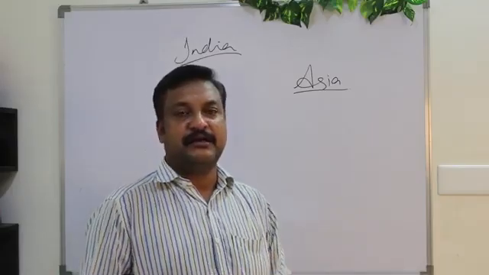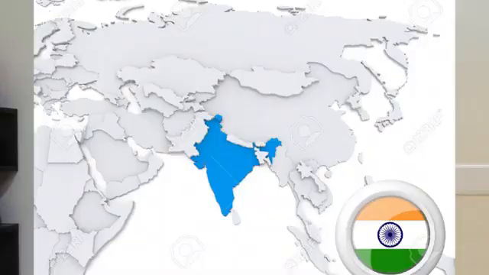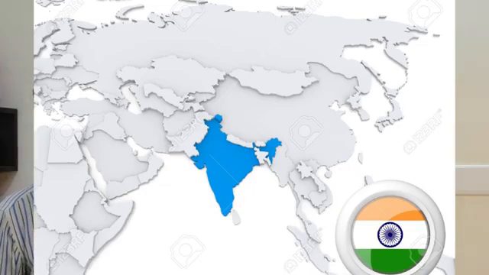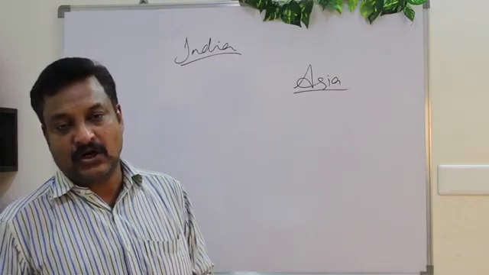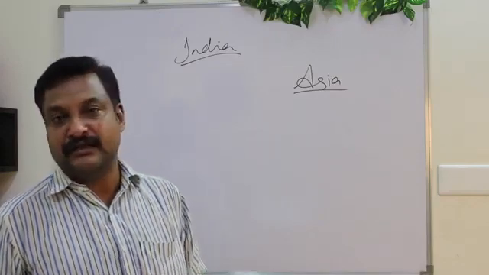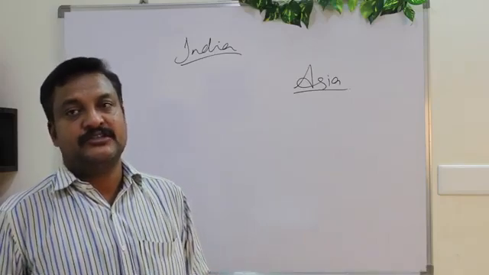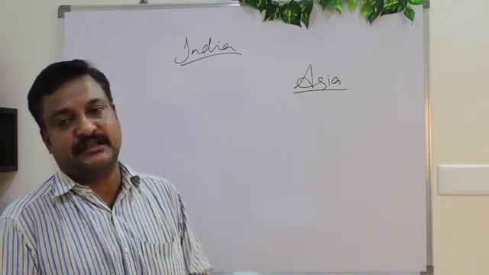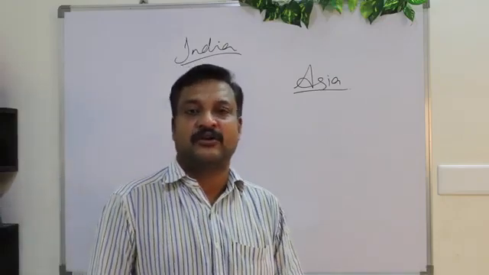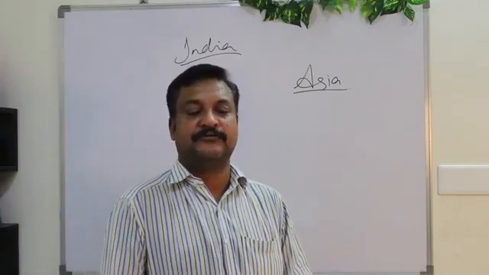Now in Asia, we can see India is located in the southern part. So India is called a South Asian country because India is located at the southern part of Asia.